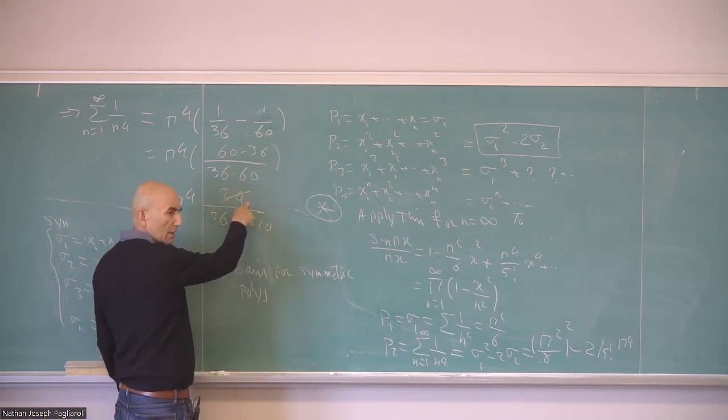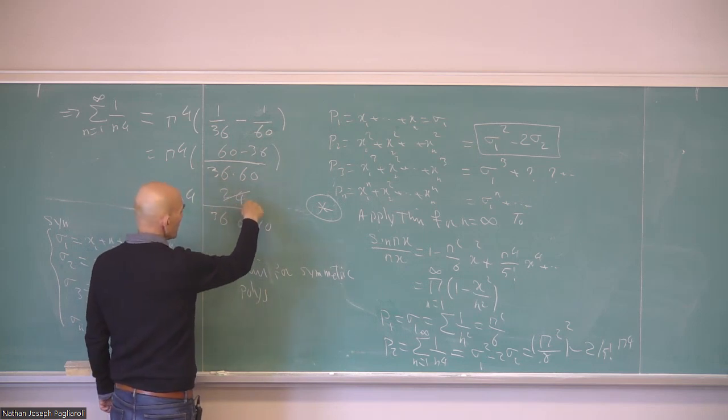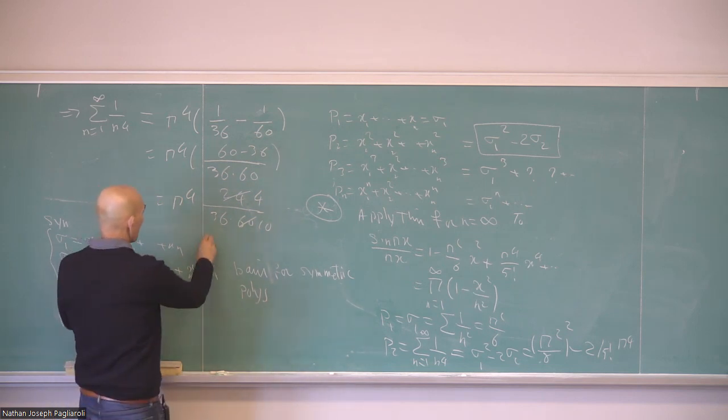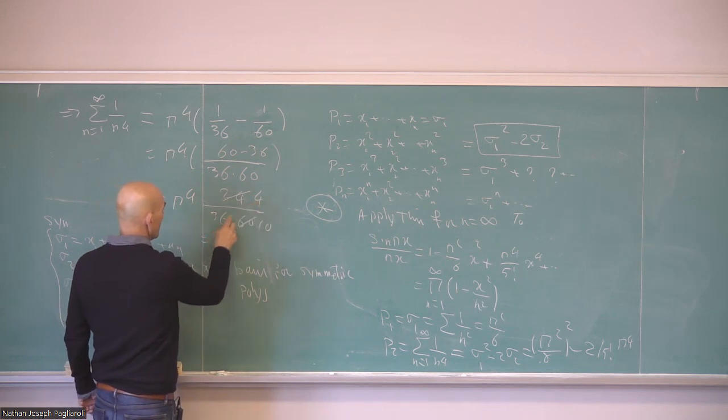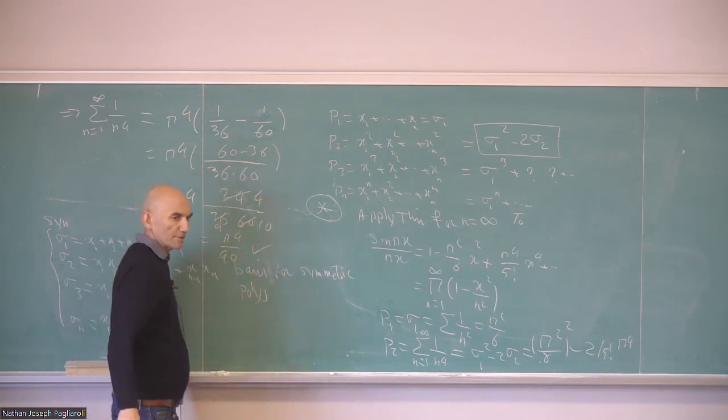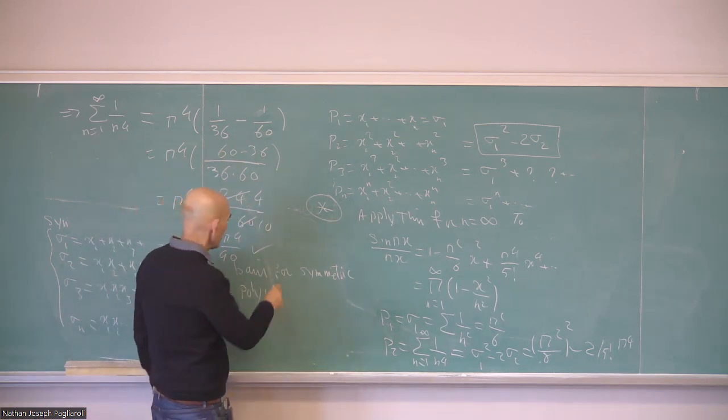What is that? 6 times 4 is 24. This remains 4, I believe. Then 4 is 9, remains 1 over 90. So this is equal to pi to the 4 over 90. And this was zeta of 4.